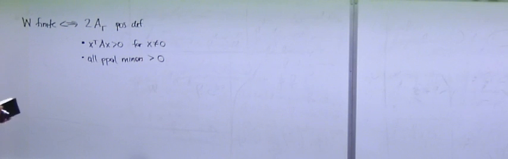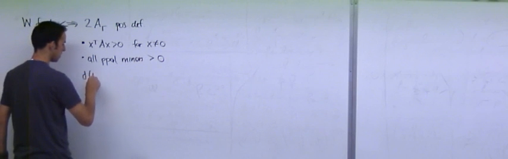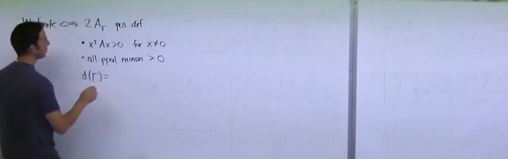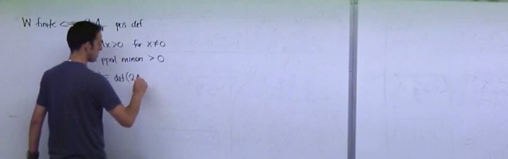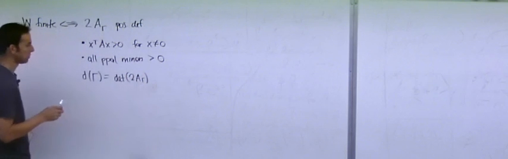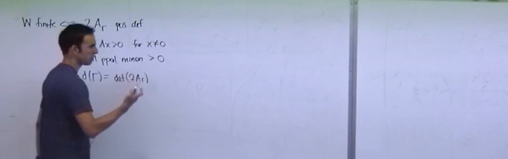Maybe I'll remind you that I was using this notation d of gamma to be the determinant of the matrix 2A gamma, where we actually computed these numbers here.